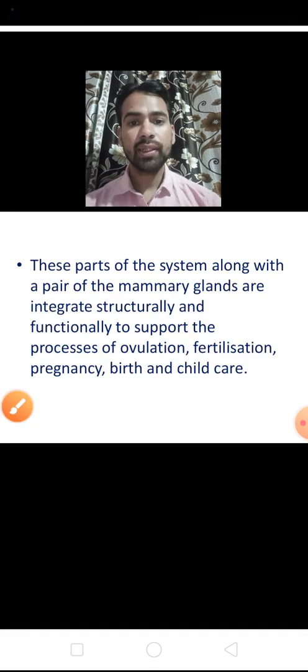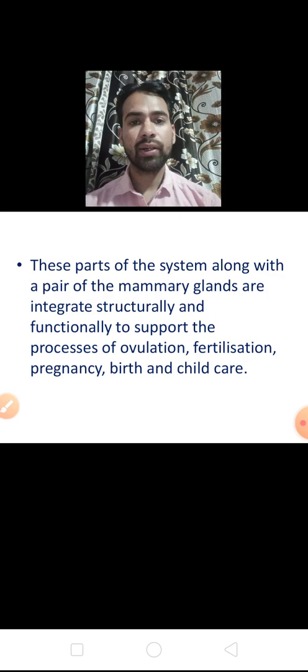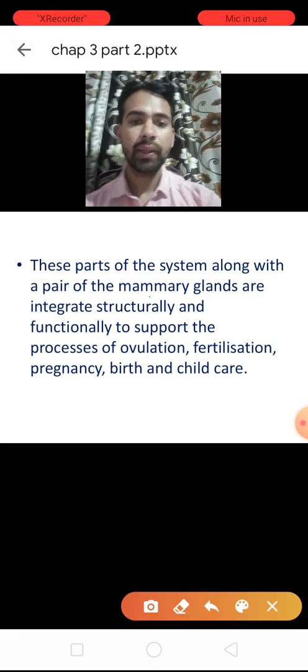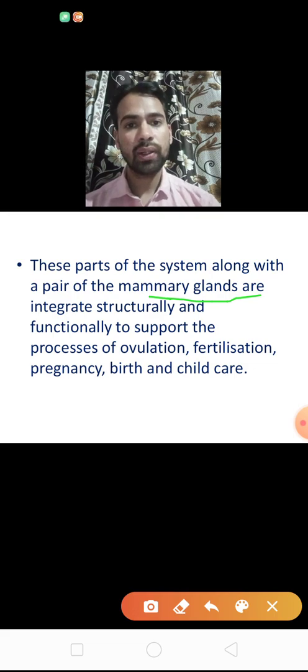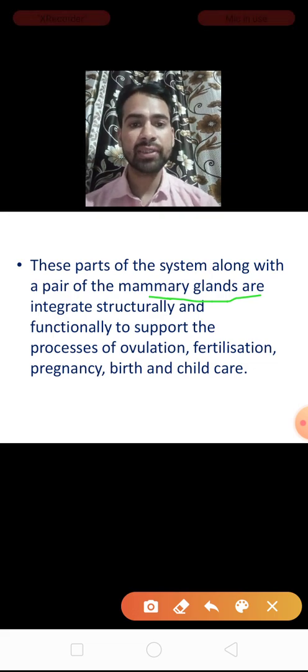Now children, these parts like oviducts, ovary, uterus, etc., along with the pair of mammary glands. Okay, mammary glands are also a part of the female reproductive system.